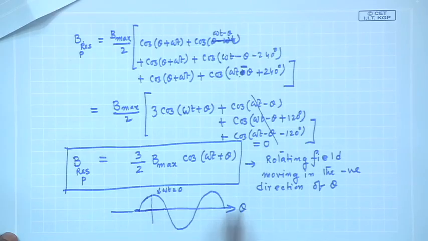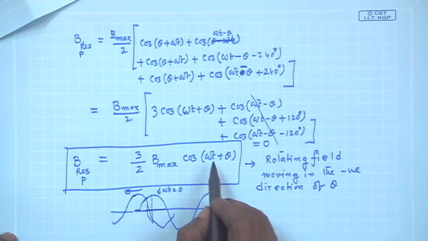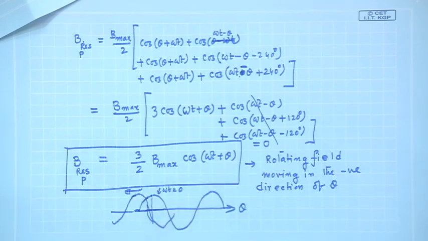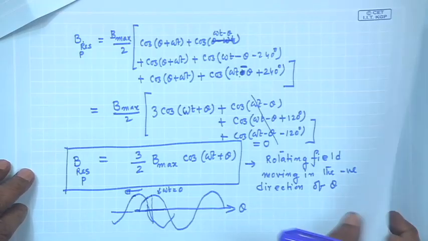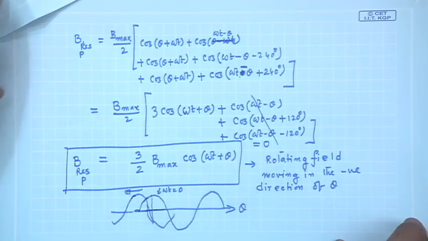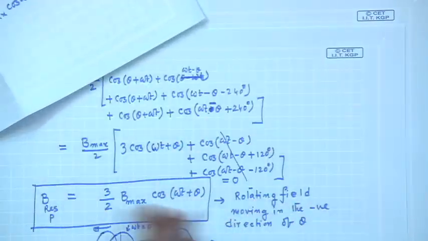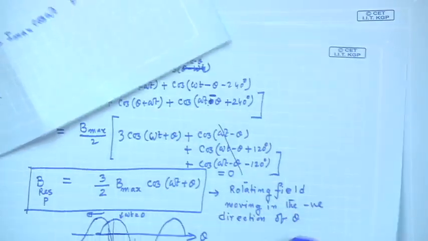So, this is theta, and this waveform will then move in this direction. If theta comes out to be negative, it indicates that it is moving in the forward direction of theta. We will see the same thing in a further nice way. Okay, mathematically it is all fine.